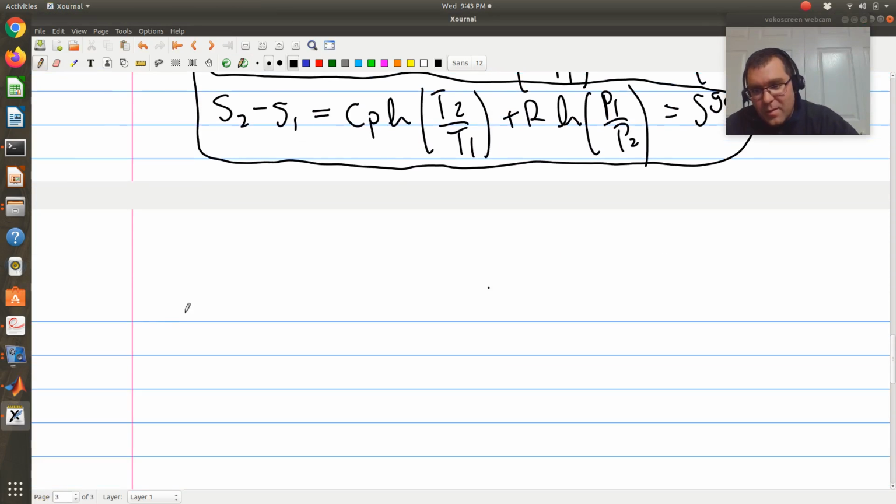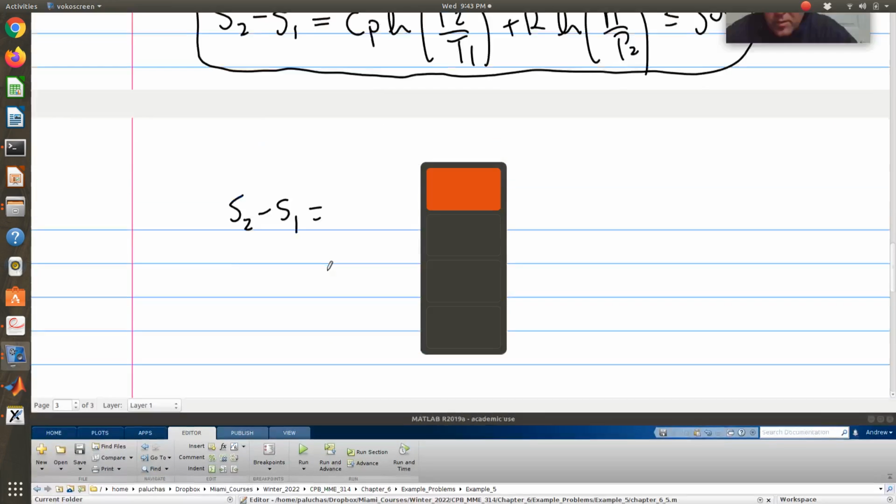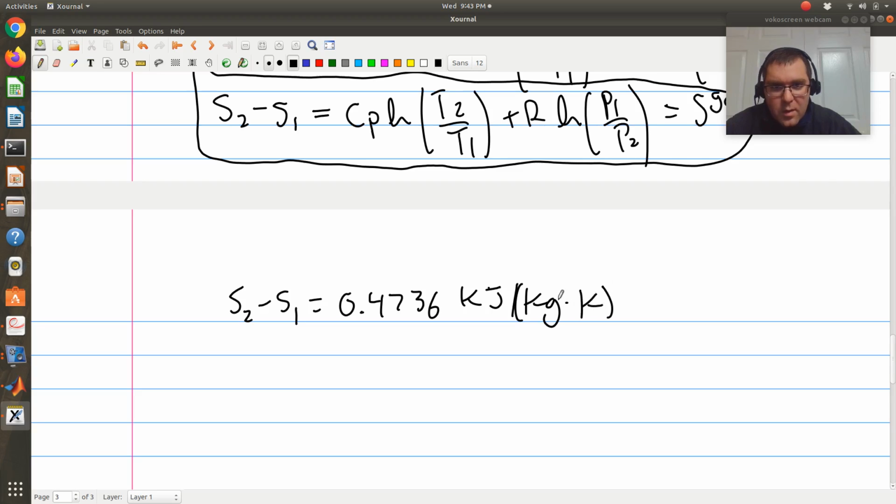So I get S2 minus S1 is equal to 0.4736. And that's going to be, no, I'm thinking in terms of steam tables.